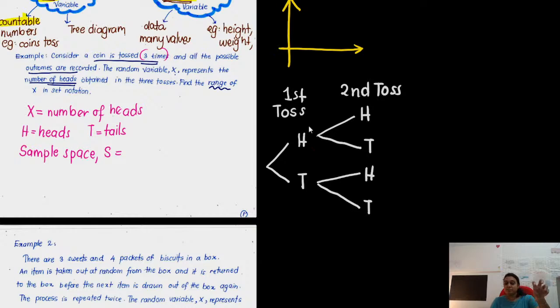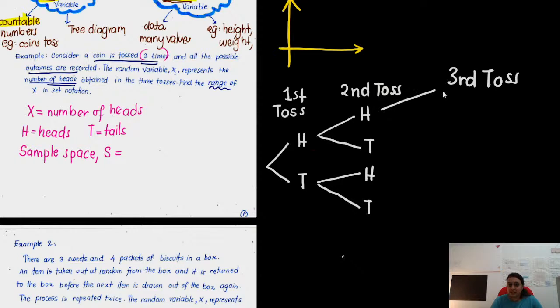So the first toss, maybe head comes out first, then tail. For the second toss, do the upper one first: maybe head comes out first, then tail. For the bottom also, head or tail. Next, the third toss. Let's do this one first: either head or tail.